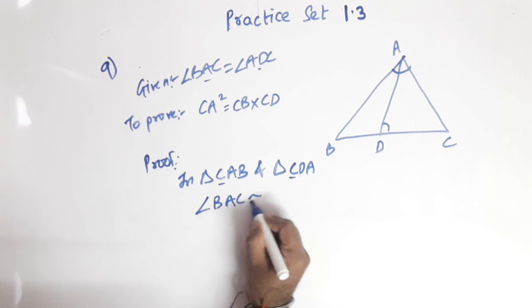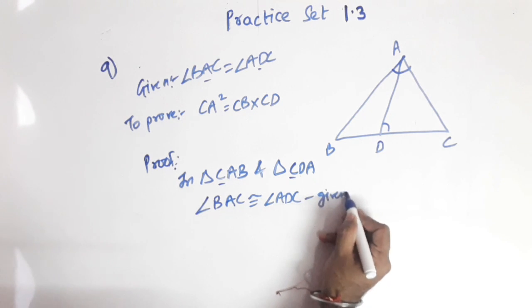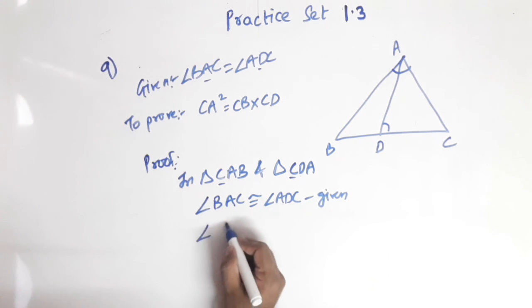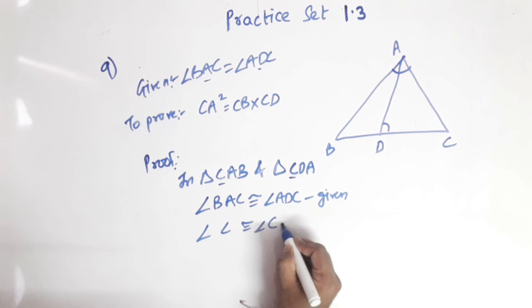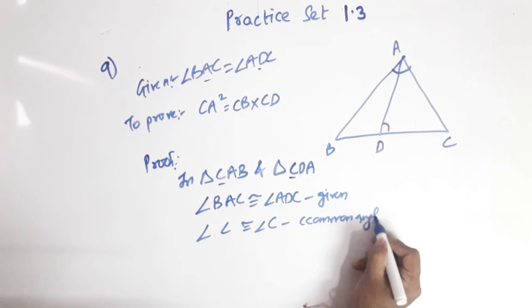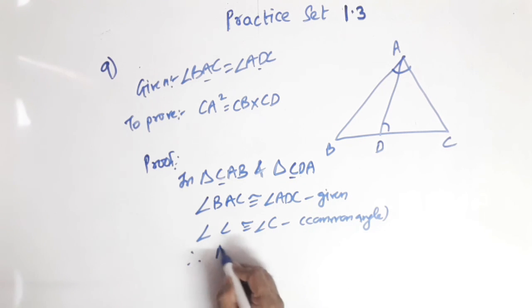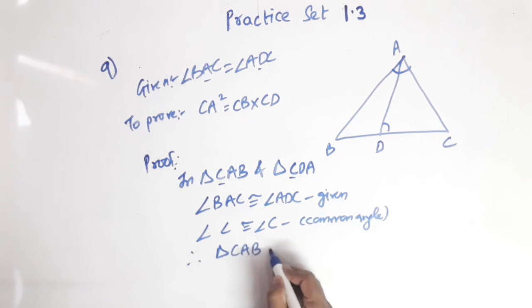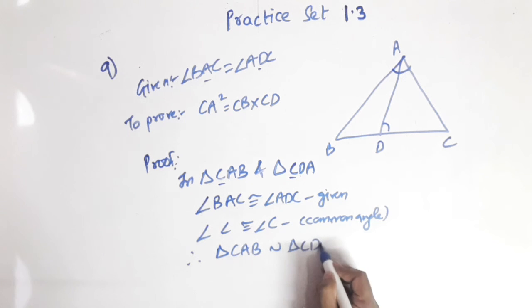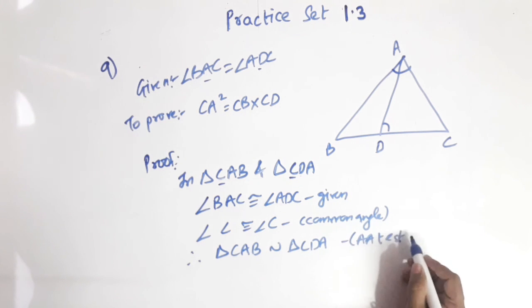Angle BAC is congruent to angle ADC. This is given. And angle C is congruent to angle C. This is common angle. Therefore, triangle CAB is similar to triangle CDA by AA test.